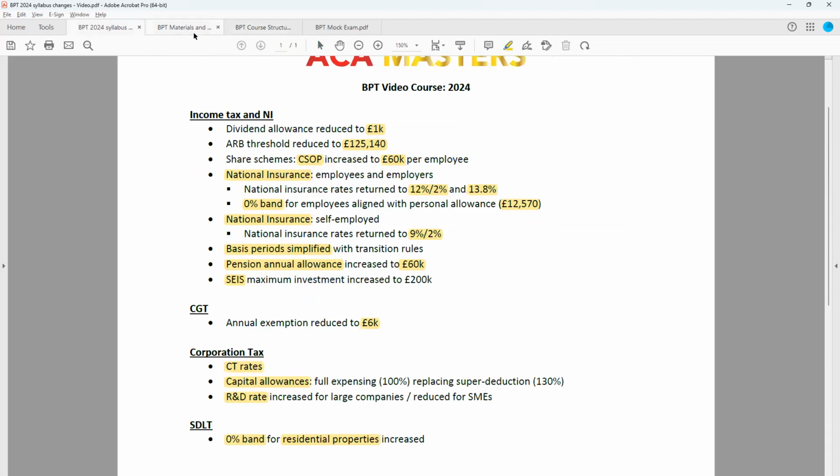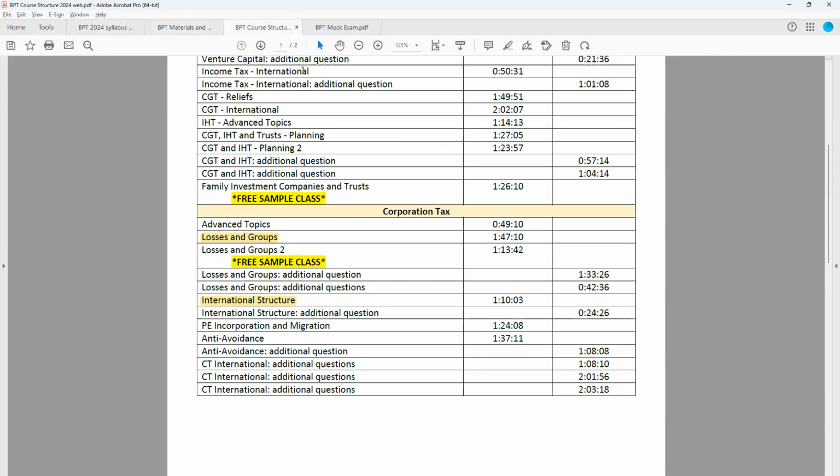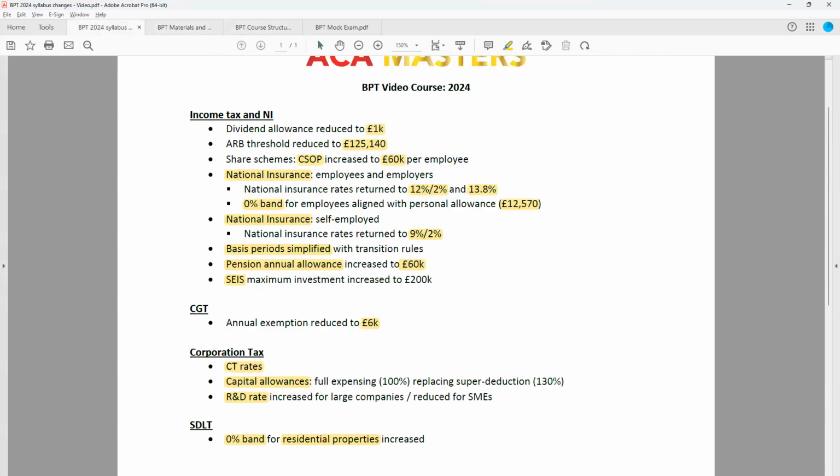But yeah, don't focus too heavily on syllabus changes. The key in the BPT exam is to interpret the scenario and apply these tax rules to the specific scenario, typing in short, concise points, as you'll see me do throughout the exam. Exam technique is absolutely key for BPT. These are just a few small technical changes that I wanted to make you aware of.